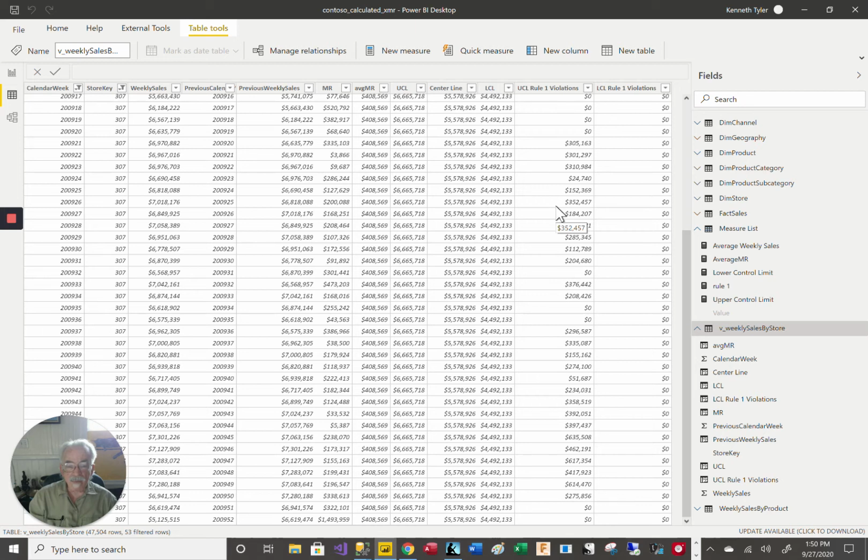So this is an example of doing the XmR chart as a calculation, not in order to display it, but in order to get information about the sales that can then be used in one or more reports to get more data about that particular week and that particular store, and maybe what products were sold, which products had high sales, to try and understand just what was going on.